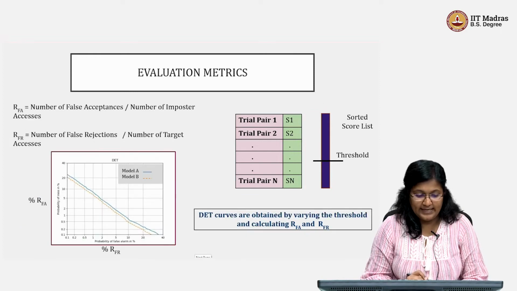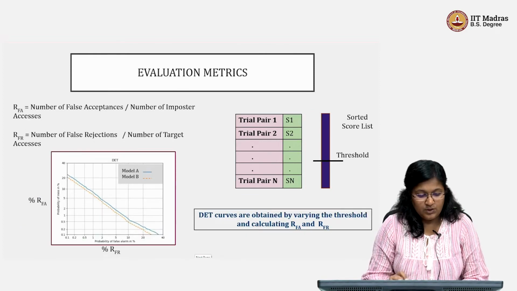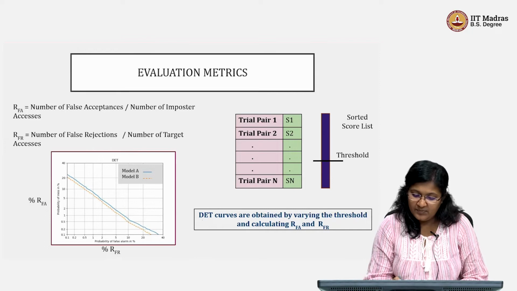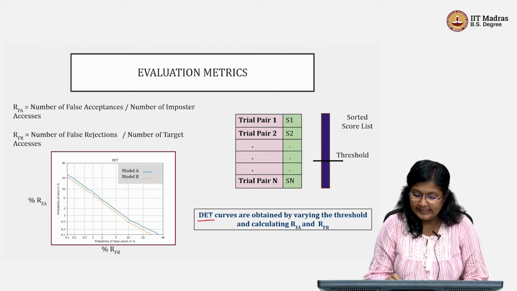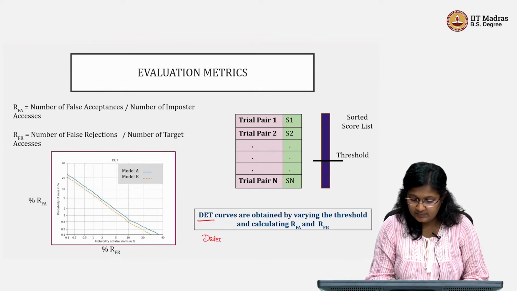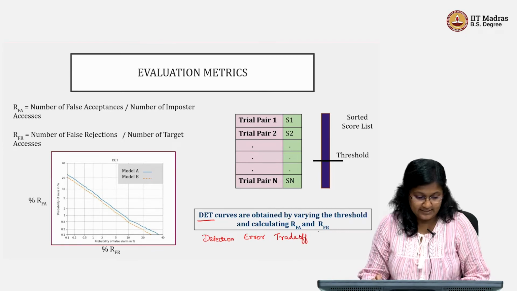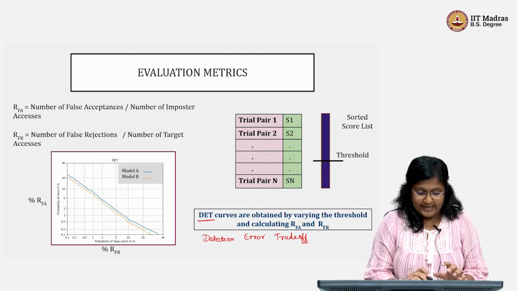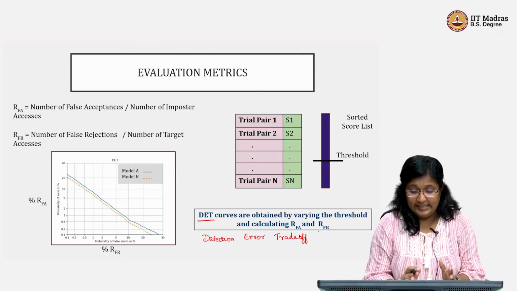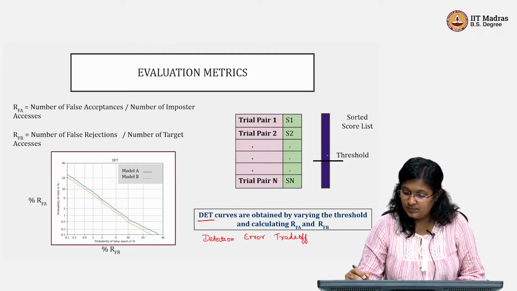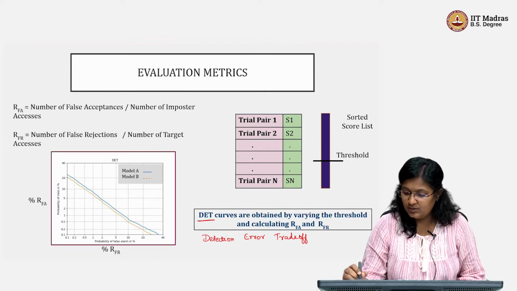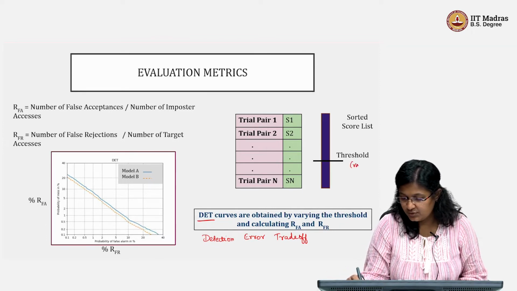Let's first see what an EER is. To get an EER, you need something called a DET curve. DET means detection error trade-off curves. So what you will do to get this curve is vary the threshold. You will not keep a fixed threshold, but rather vary it.